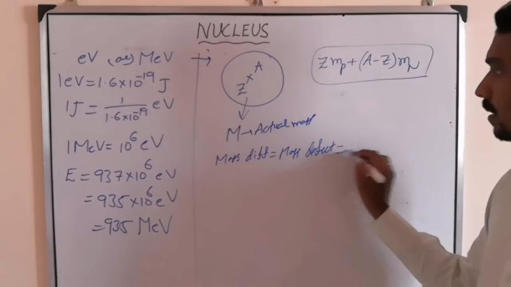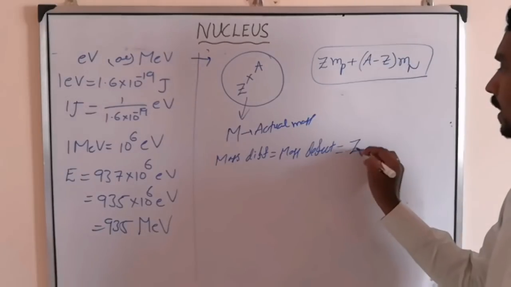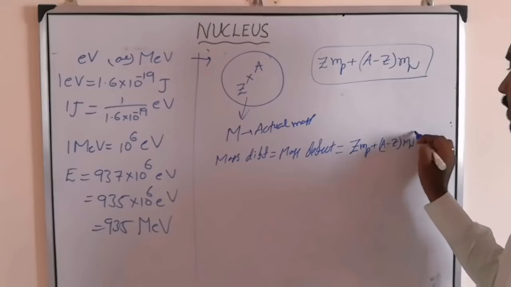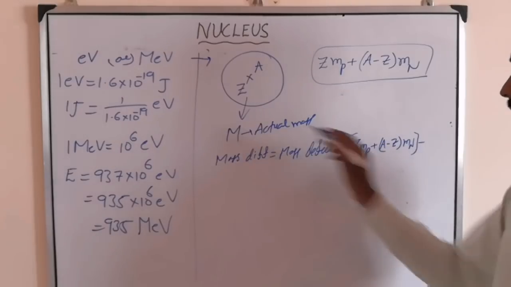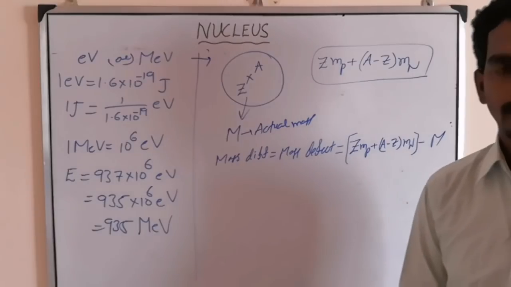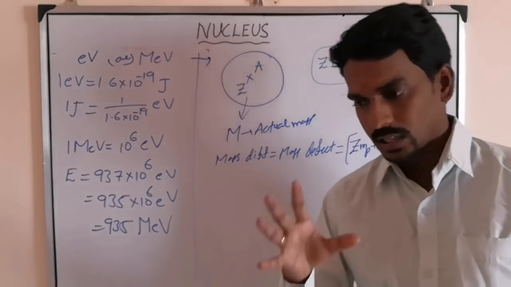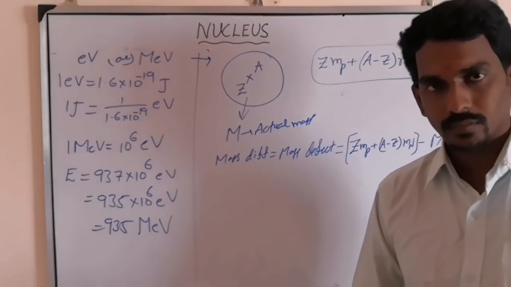Mass defect. That is the difference between the calculated mass and the actual mass. So in a weightless bag, there are 5 different stones.